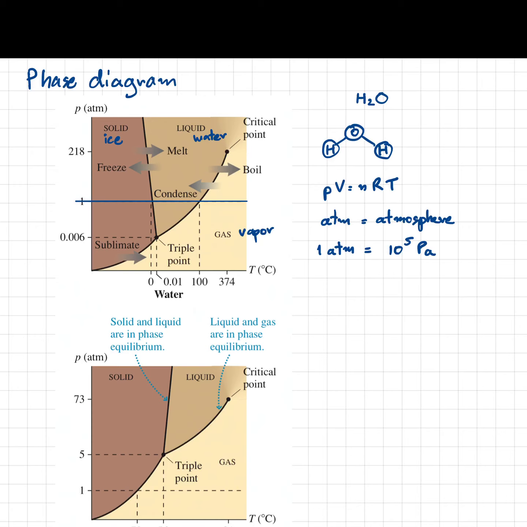And the thing is that when we say water boils at 100 degrees Celsius, that's not always the case. Because if you want to say so, you have to tell what pressure are we talking about, right? So some of you might have hiked up to the mountain before and then you try to boil water, and then you realize that water is gonna boil not at 100 degrees Celsius, but a little bit lower.